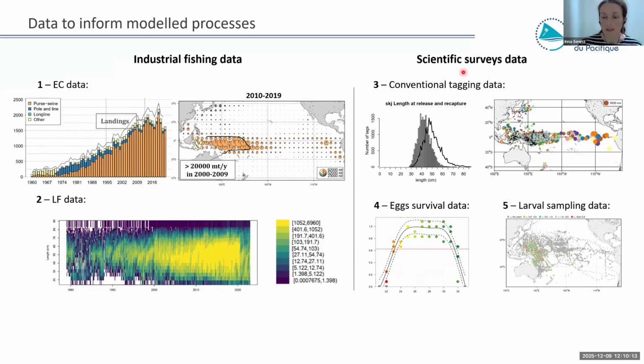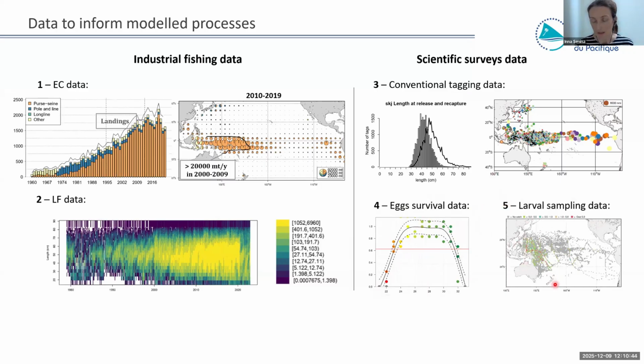The scientific survey data include conventional tagging data that we use to inform our movement parameters, and two types of early life data. First is egg survival data, which, for example for skipjack, uses an empirically derived relationship between temperature and the survival of eggs and hatching times.